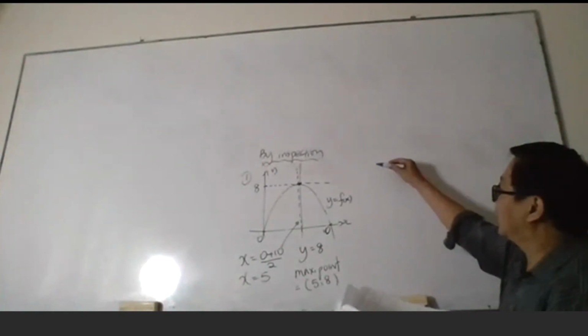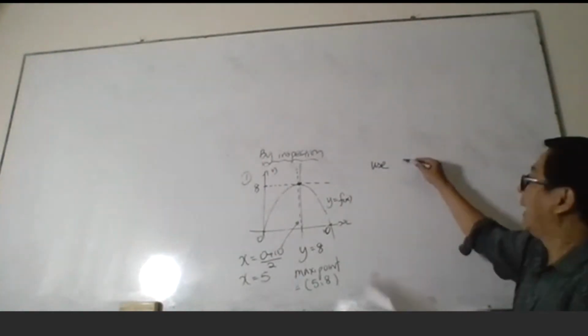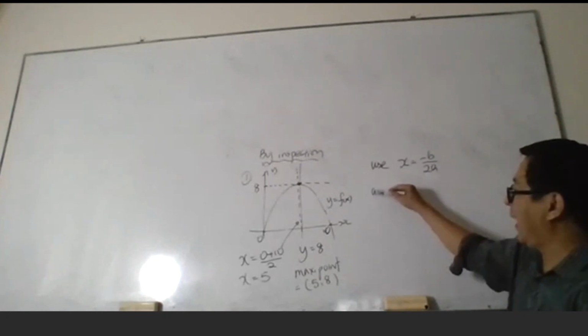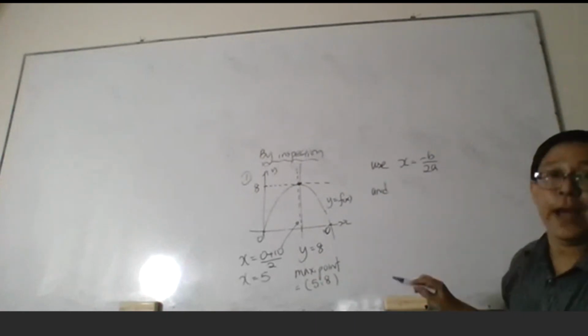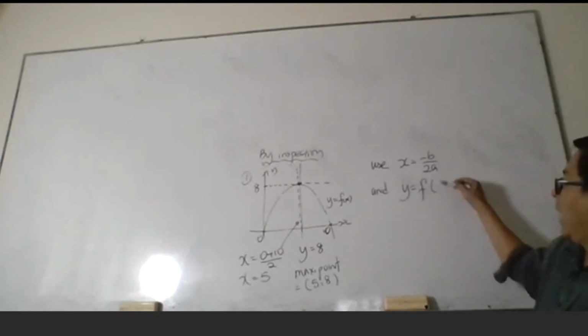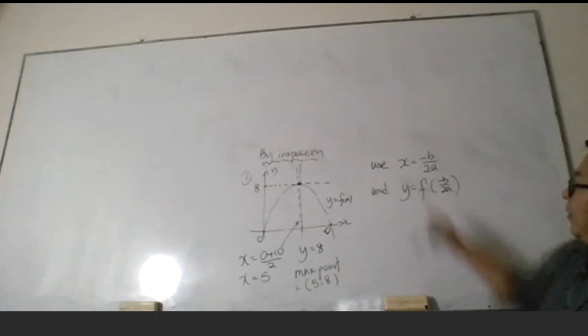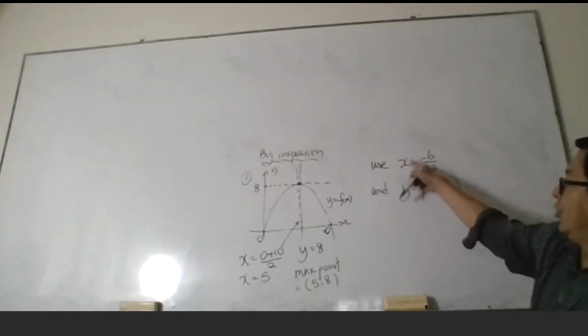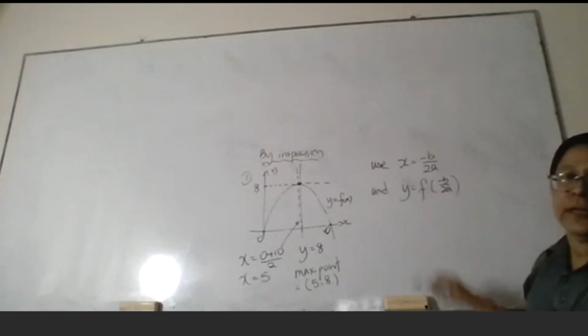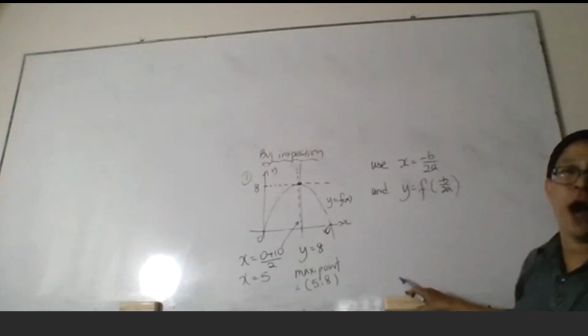So we use x equal to -b over 2a, and to find the value of y, just use the function. We find the x and use the x to find the y. How? Replace the value of x into your function.